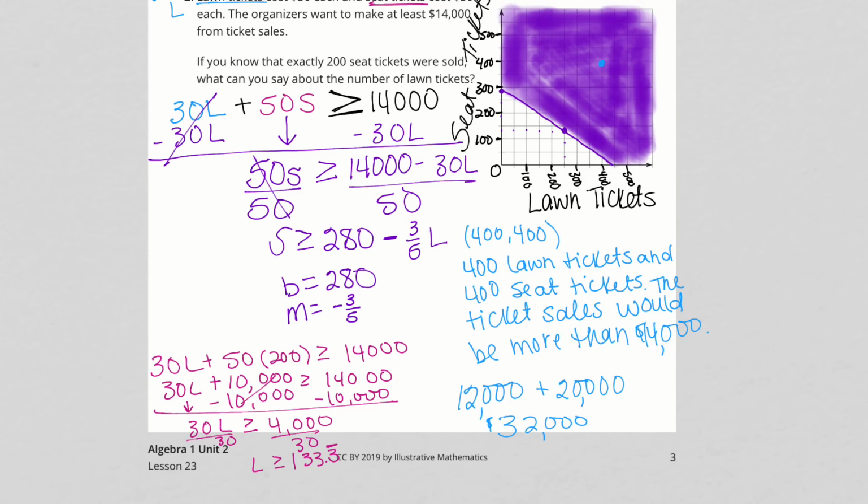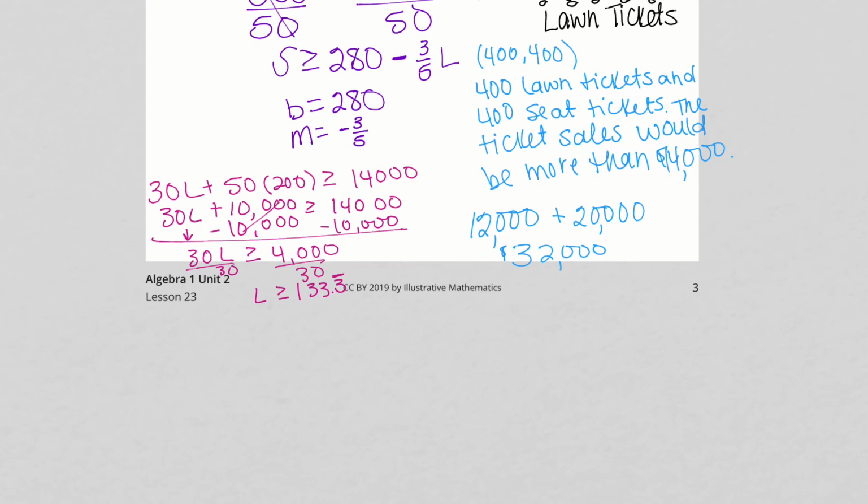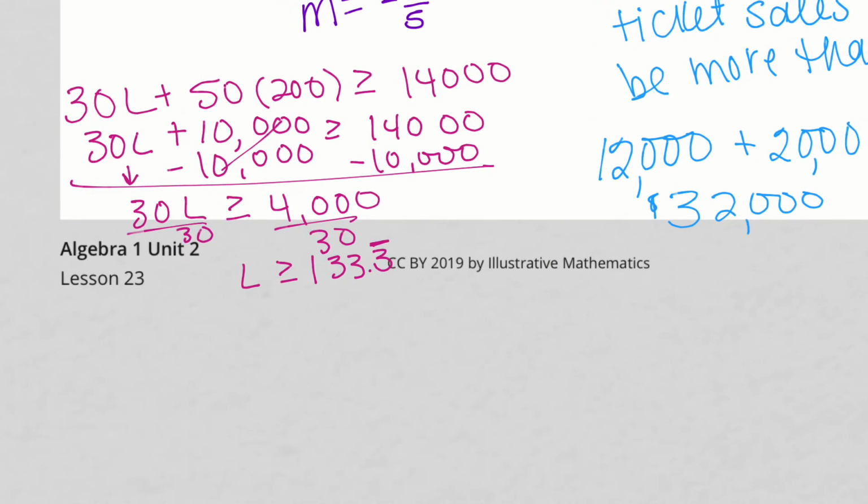L is greater than or equal to 133.3 repeating. Can you have 0.3 of a seat? No. So I would say we could actually say that L is greater than 133, because we can't have 0.3 of a seat.